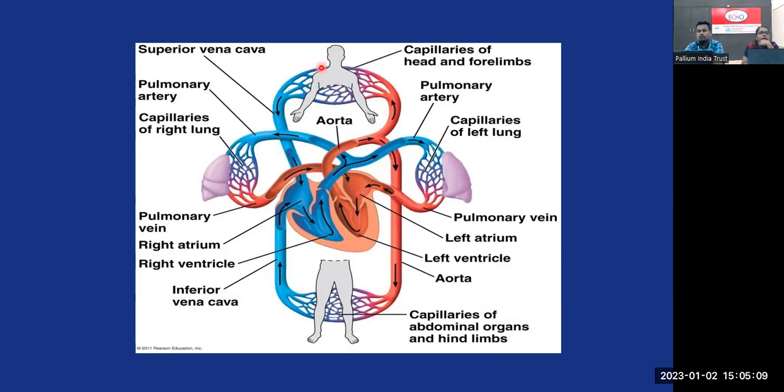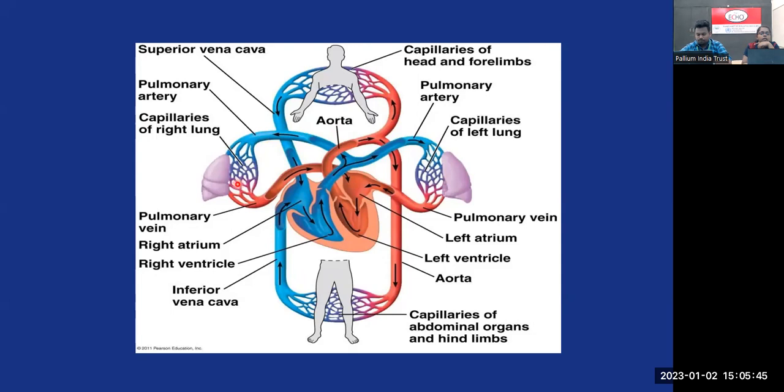The superior vena cava collects the deoxygenated blood from the upper part of the body, and the inferior vena cava collects the deoxygenated blood from the lower part of the body. Finally it goes to the right atrium and then the right ventricle. From the right ventricle, it goes to the right and left lung for purification, with the help of the pulmonary artery.